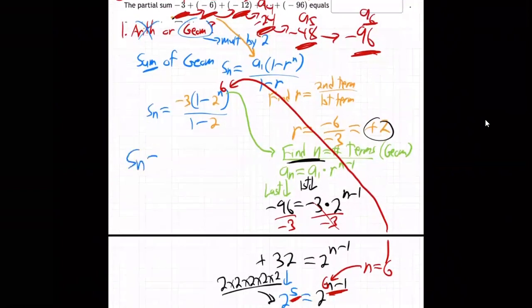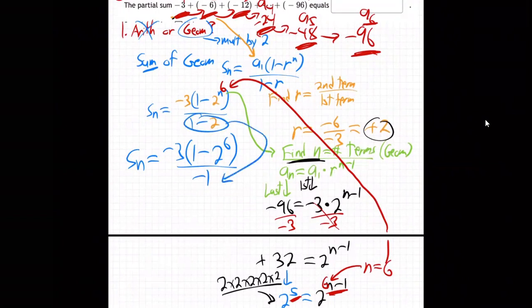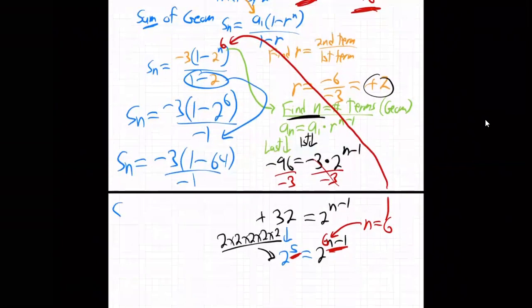So then S sub n is negative 3 times 1 minus 2 to the 6th over negative 1, right? 1 minus 2 is negative 1 on the bottom there. So we plugged in 6 for the n there. So negative 3, 1 minus 64, over negative 1. This will be negative 3 times negative 63 over negative 1.